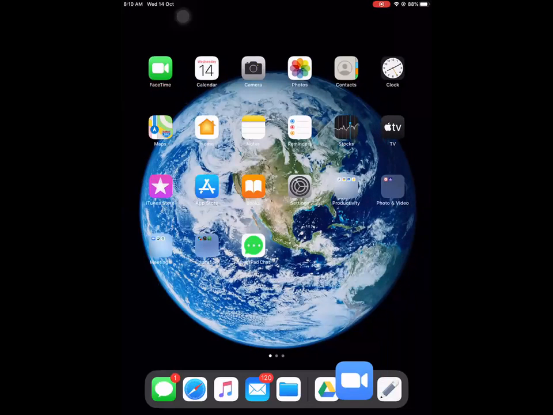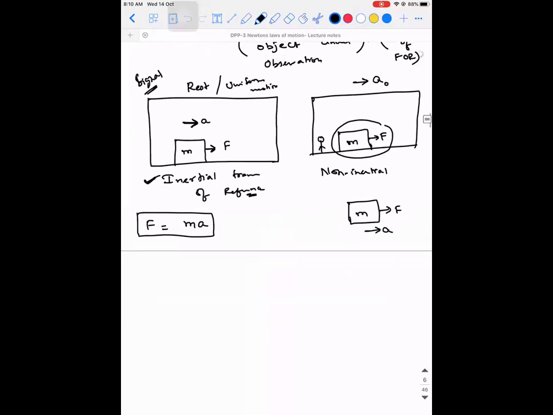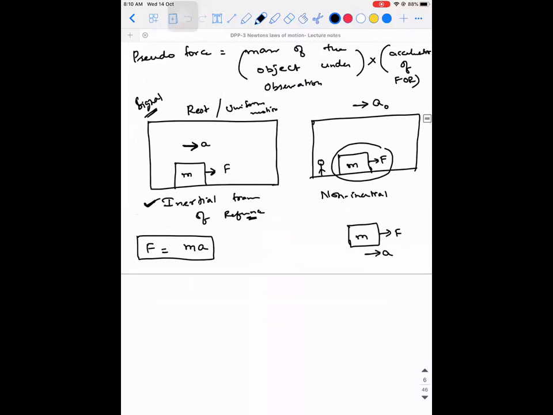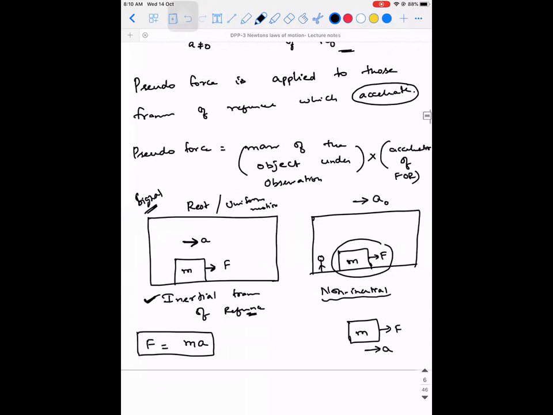Now listen, guys. The acceleration on the block is A. But since it is a non-inertial frame, we need to add a pseudo force to this object in the direction opposite to it. Please make another note: pseudo force is applied to those frames of reference which accelerate.